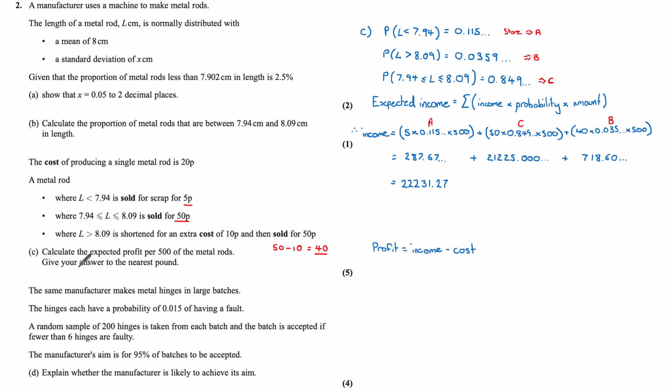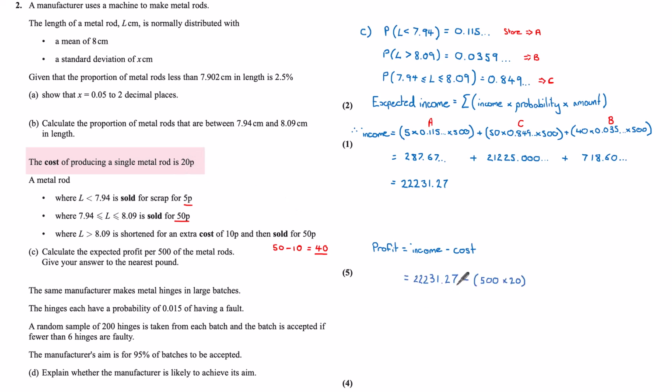Now profit, we want to find the expected profit. Profit is our income subtracting our cost. We had this line at the start here, the cost of producing a single metal rod is 20p. So for all of these rods, there was an initial cost of 20p.